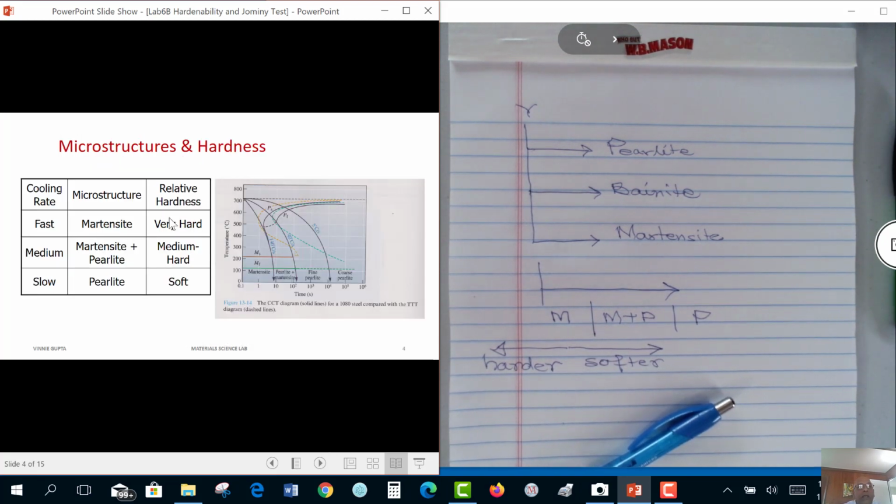Because we know martensite is very hard. So if we use very fast cooling rates, we get a very hard structure. Medium cooling rates, we get a combination, a medium hard structure. If we use a slow cooling rate, we get all pearlite, and that's a soft structure. Now remember that it is not just that it is all the same hardness.